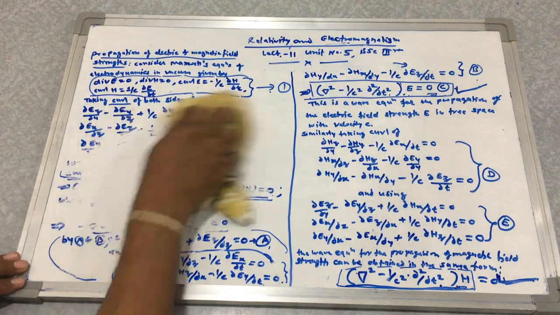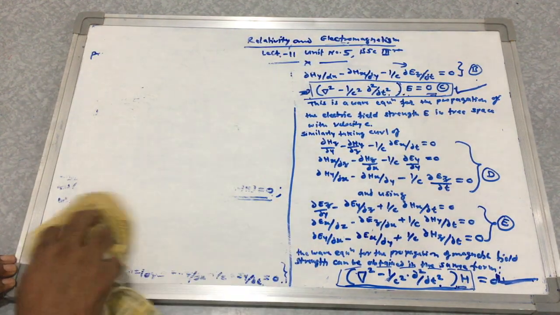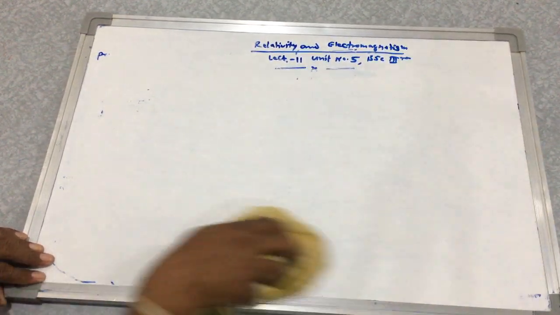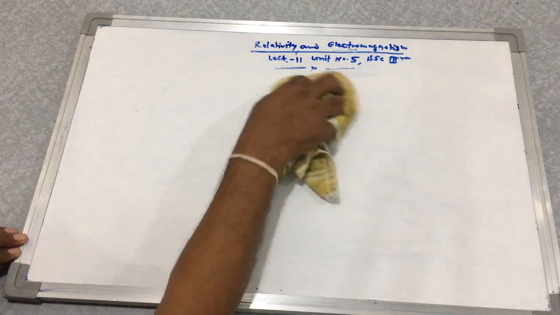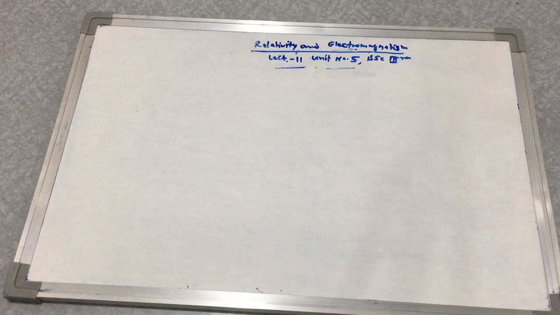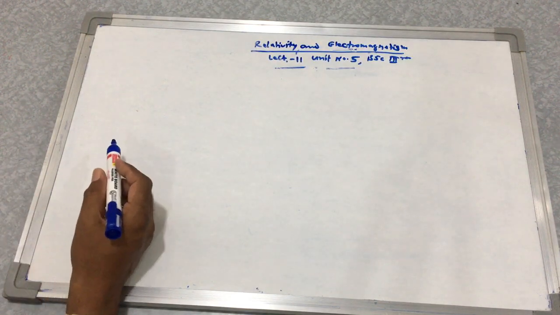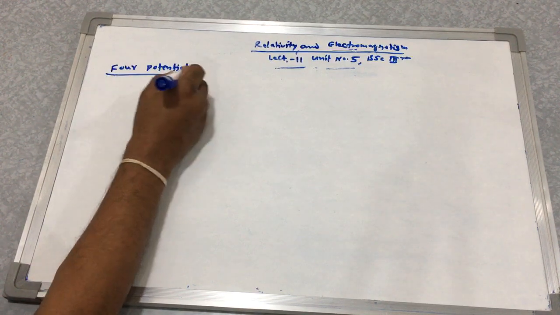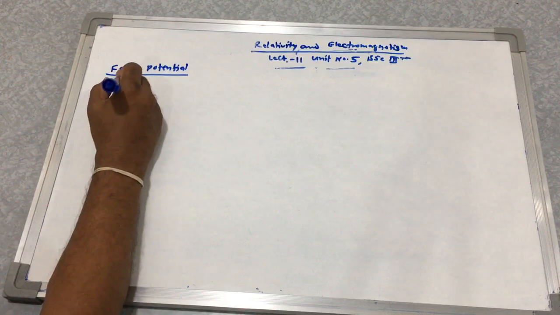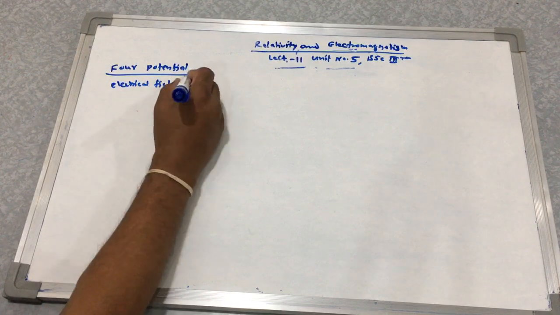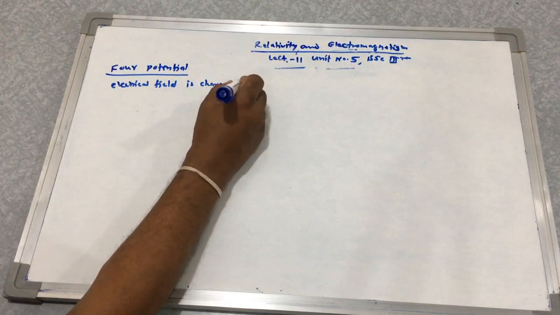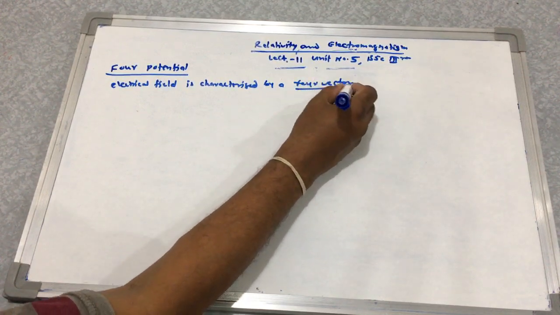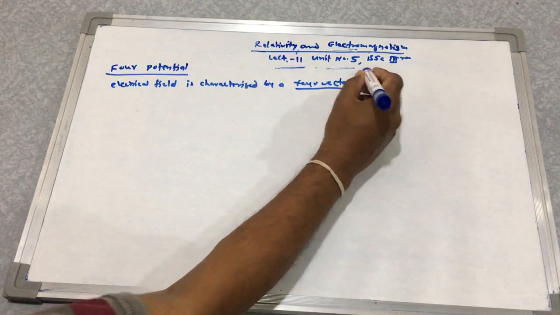Then we have four potentials. The electric field is characterized by a 4-vector, that is A^i.